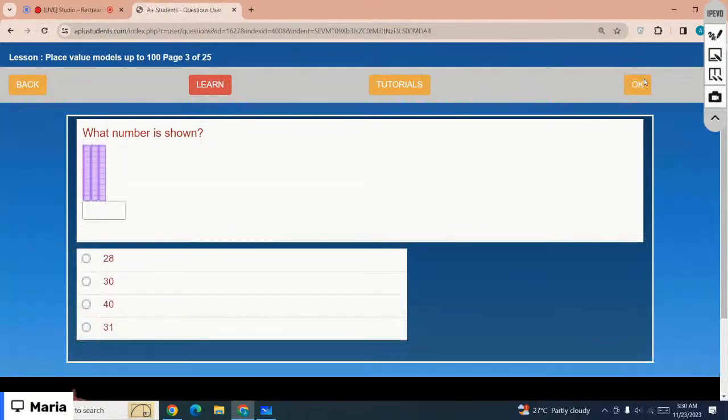You have three lines that represent tens and no ones.